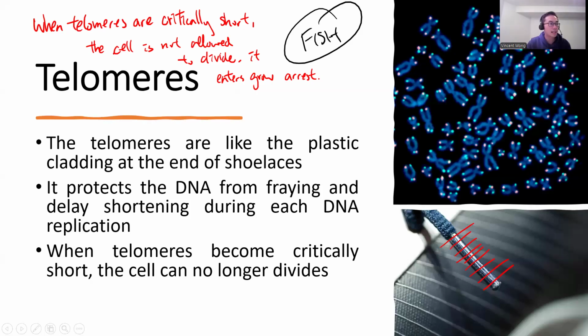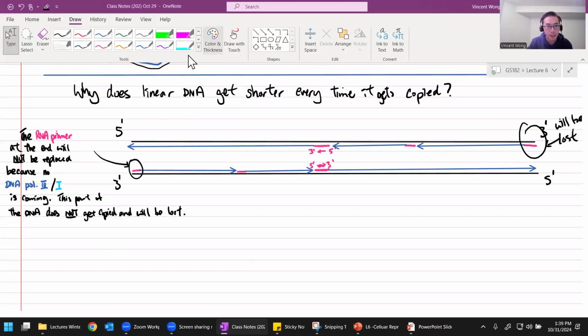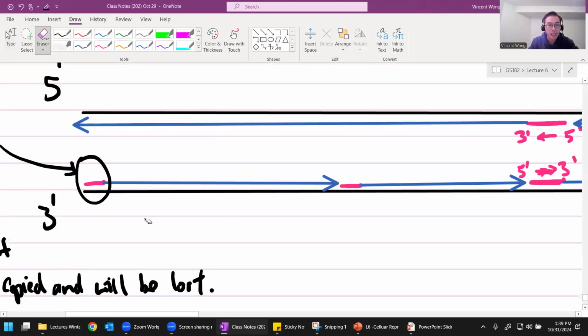Yeah, so it's not like it falls off, but look, right? If we look at this picture here, okay, I get what you're saying, right? So the primer does fall off because it's RNA and it's not glued together by ligase.